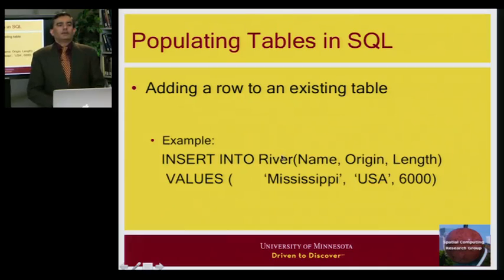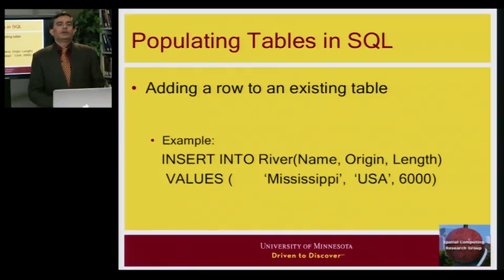Now, when we insert a row, we have two choices. Okay, we can specify data for every column in this table. So let's say this table has 3 columns. You could specify data for each one of them. So here we are saying for the name column, this row should have Mississippi. For the origin column, the value should be USA, and the length is 6,000 kilometers.